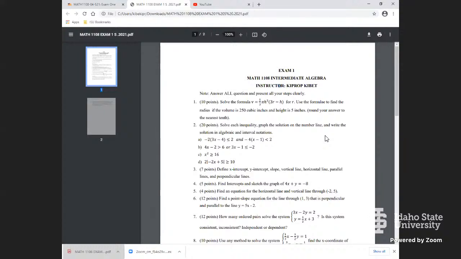You start by using the steps. You multiply first by 3 on both sides, so 3V equals the remaining ones here. Then you divide by pi h squared.